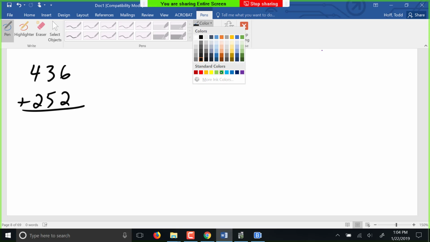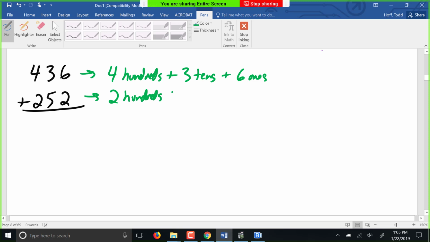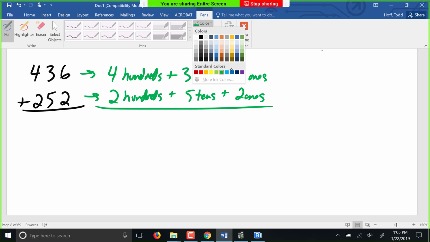And we talked about how you can only add things with the same name. 436 is really 4 hundreds, 3 tens, and 6 ones. 252 is really 2 hundreds, and 5 tens, and 2 ones.